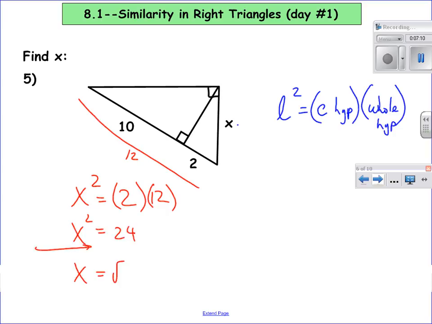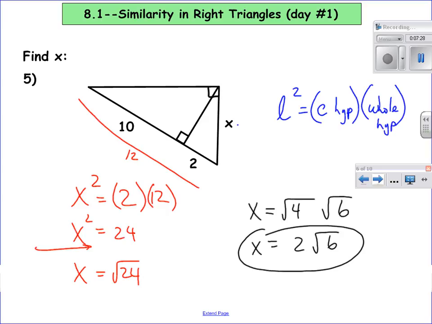X equals the square root of 24. Well, let's see. Can I mess around with that a little bit and get it in better shape? I would say so, because x equals the square root of 4 times the square root of 6, and x equals 2 times the square root of 6. Alrighty.